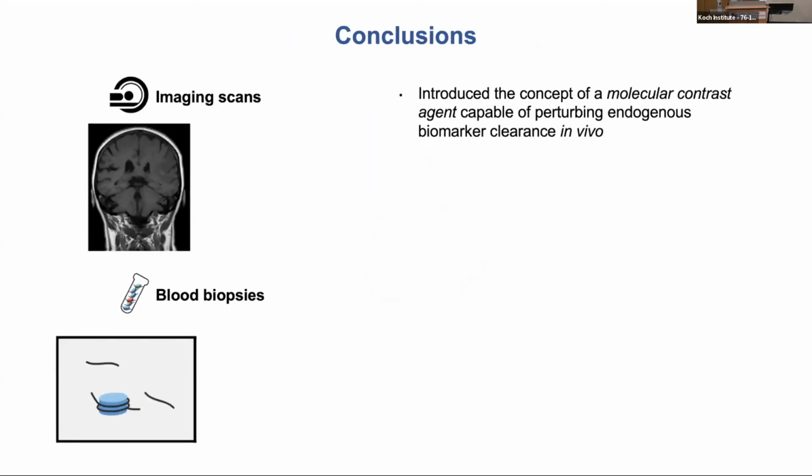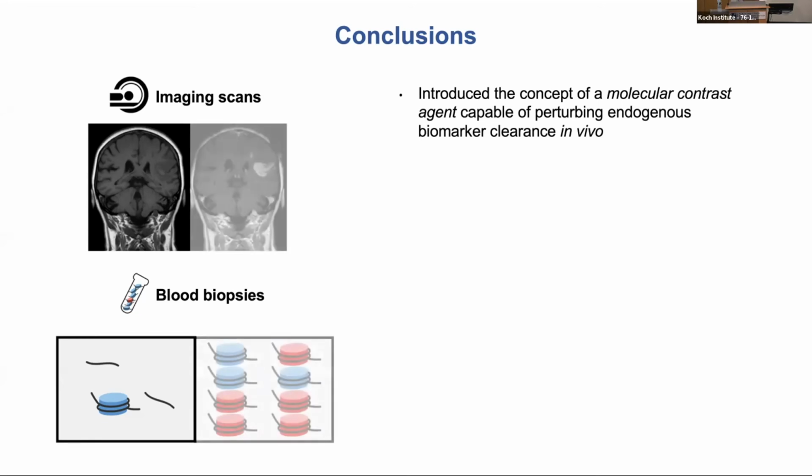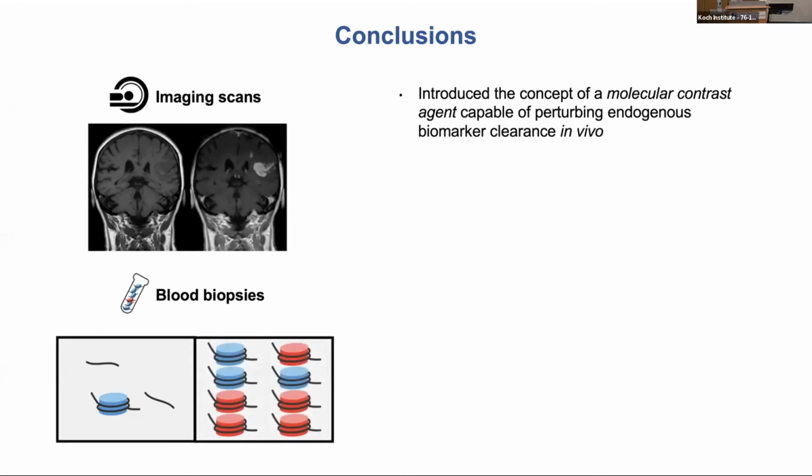And just taking a step back, I think this approach also introduces really a concept of molecular contrast agents for endogenous biomarkers in vivo. So an approach in which you can increase the amount of an endogenous biomarker to improve sensitivity in similar ways to how we already inject gadolinium contrast agents to make a brain tumor visible.